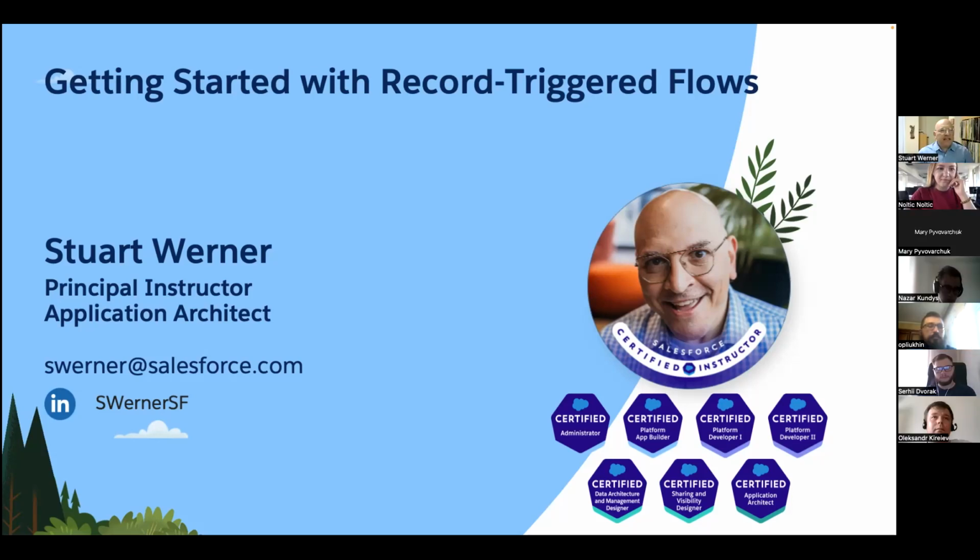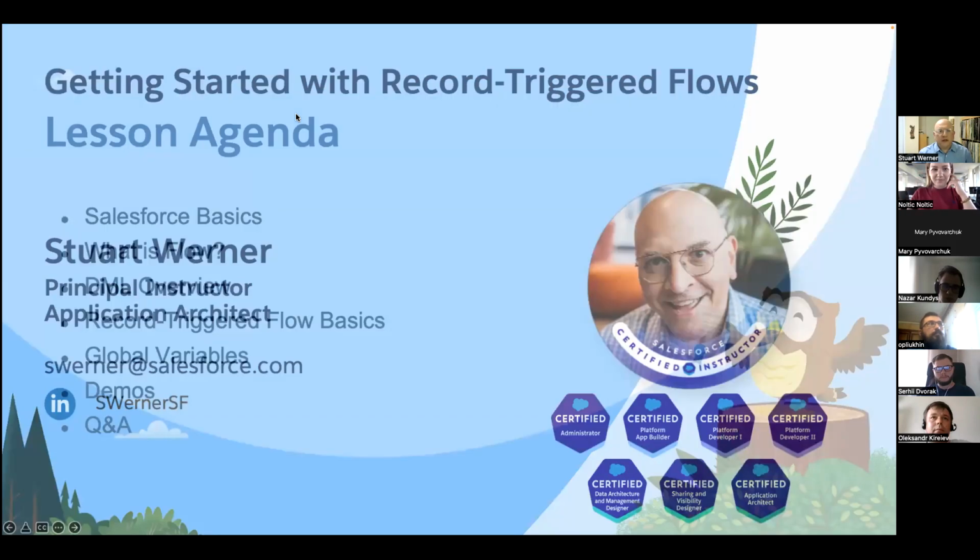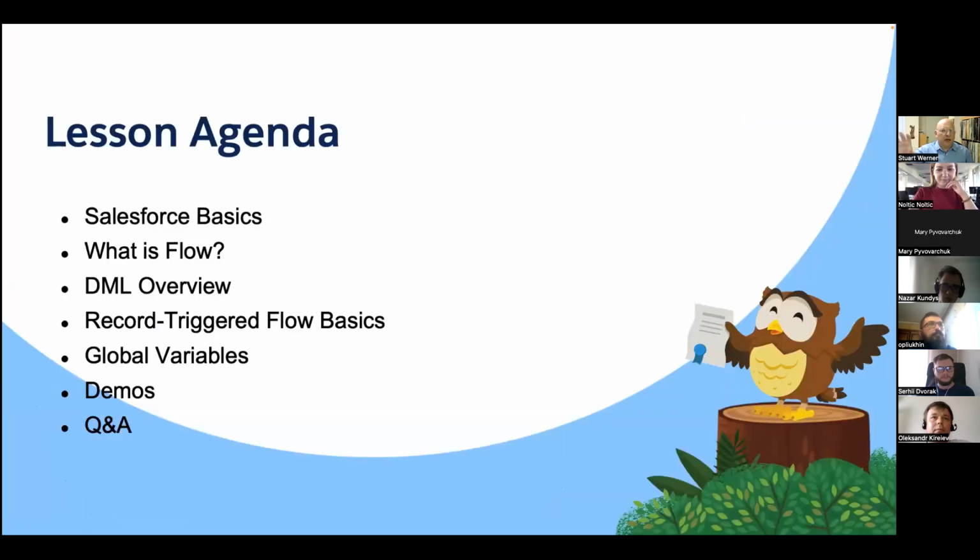Great, so let's get started here. Before I really get into record trigger flows, these are the topics I want to cover. Just make sure we're pretty set with some standard Salesforce basics. Then we'll talk about what is flow and where it fits into the picture. And of course, if we're going to be talking about certain types of flow, I must discuss DML.